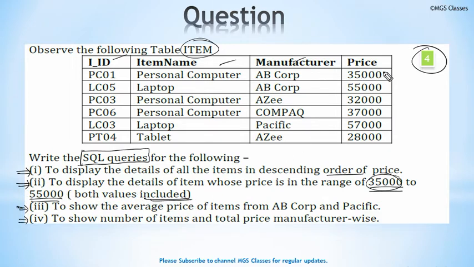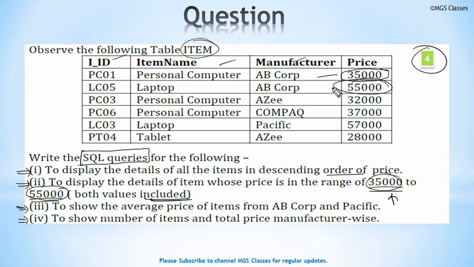Means if the item has the price 35,000 and if an item has the price 55,000, these items will also come into the list. If it was asked with both values excluded, in that case the answer will be different. In that case, if the item price is 35,000 or 55,000, that item will not come in the list or output. But here both values should be included.